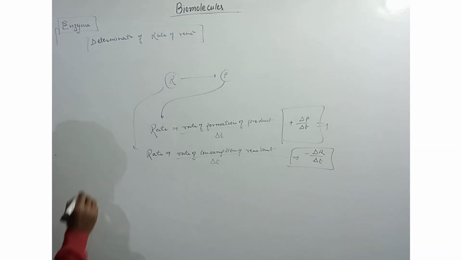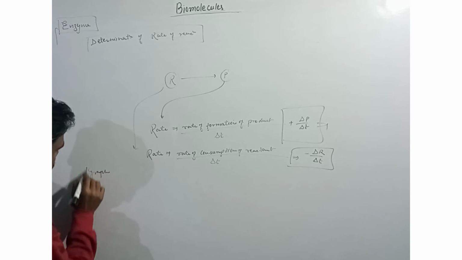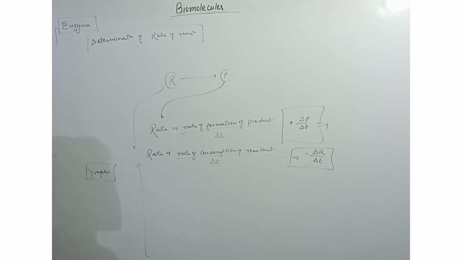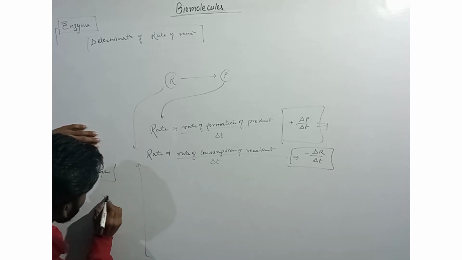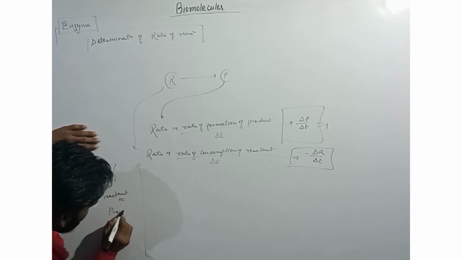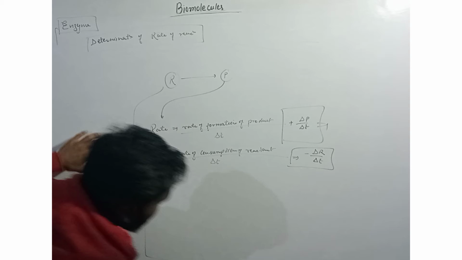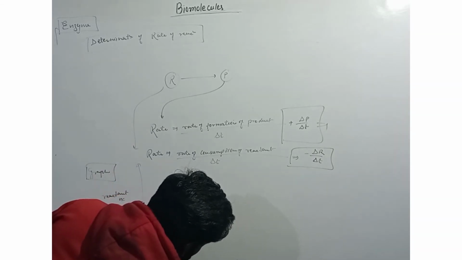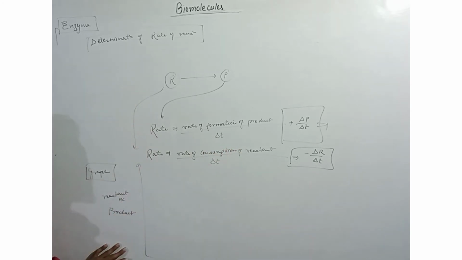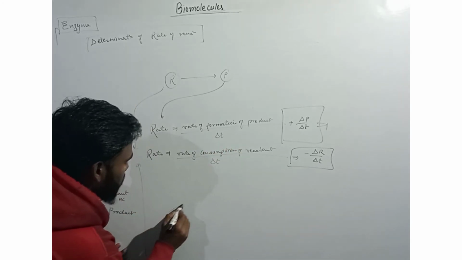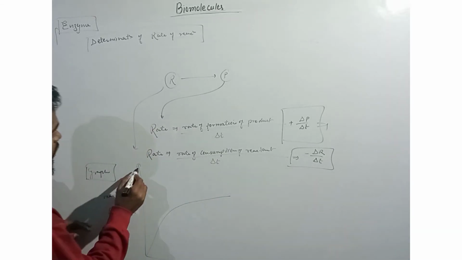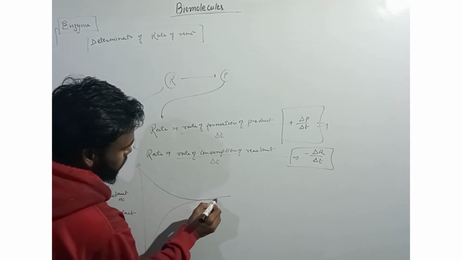Now let's see the graph. The y-axis represents reactant or product, and the x-axis represents delta T, time. As I stated earlier, the product will always increase, but the reactant will always decrease.